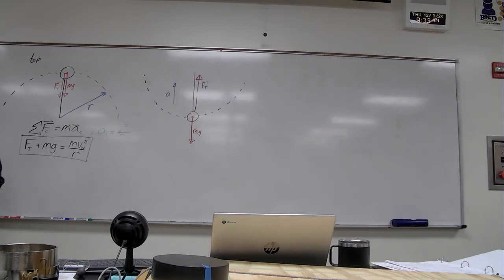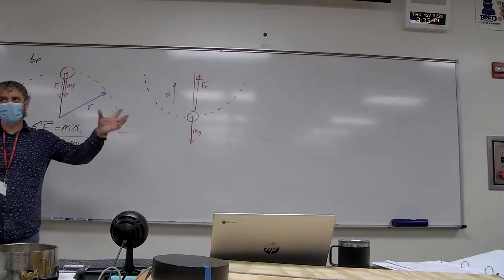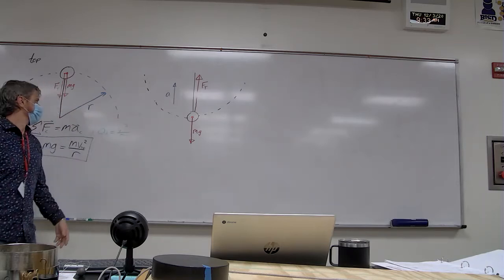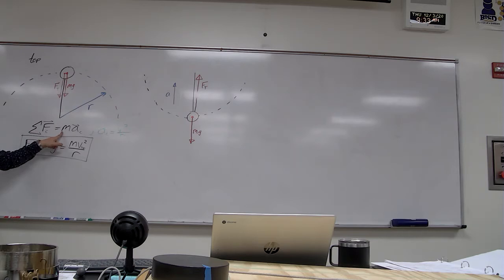Make sense? I know it's weird when we start moving in circular arcs, curved paths, but this still means the same thing. Newton's second law is a very powerful tool. It always applies unless you're moving at relativistic speeds, which we don't deal with in this class.